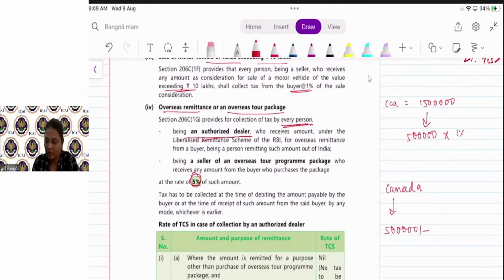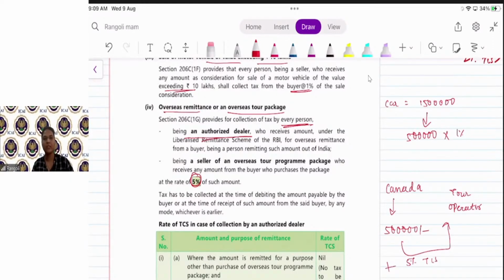Then the tour operator will collect 5 lakh rupees from me for the tour package plus 5% TCS.